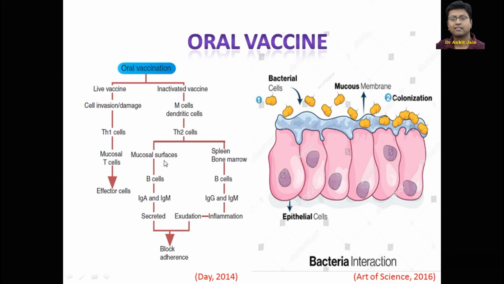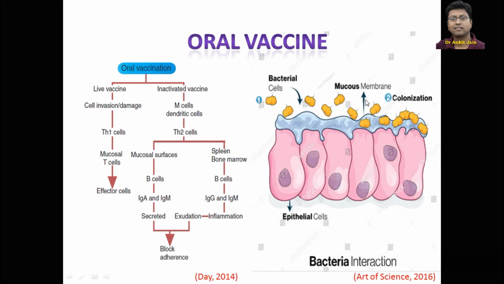So that's why we have to go for live vaccination, and we have to introduce live viruses and live bacteria that will definitely adhere to the cell surface, and after adherence to the cell surface, they will produce a T helper cell 1 response, and that T helper cell 1 response will produce different memory cells and effector cells, and produce CMI response.